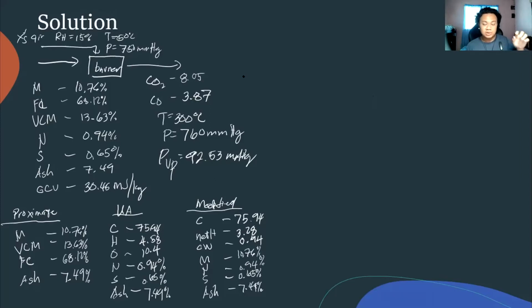But the actual air is not just dry air, there is water in our actual air. So we have to get the dry air first, and then we will get the actual number of moles of air using the RH. So how do we get that? We have to get the VO2 first.